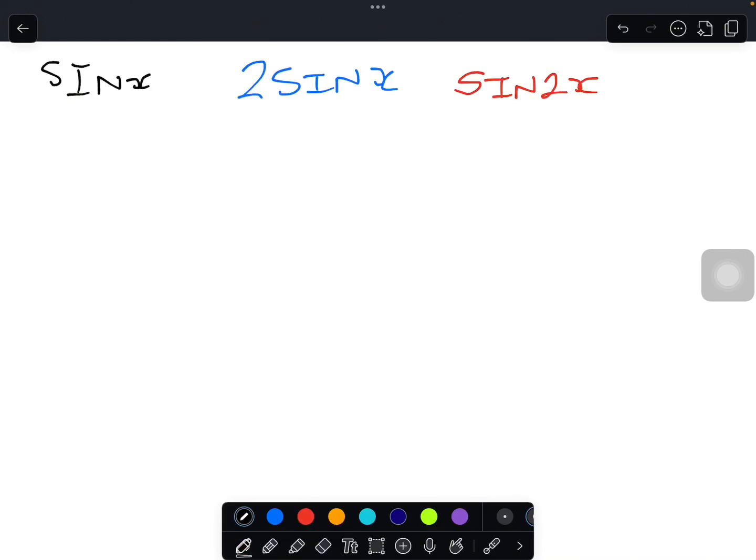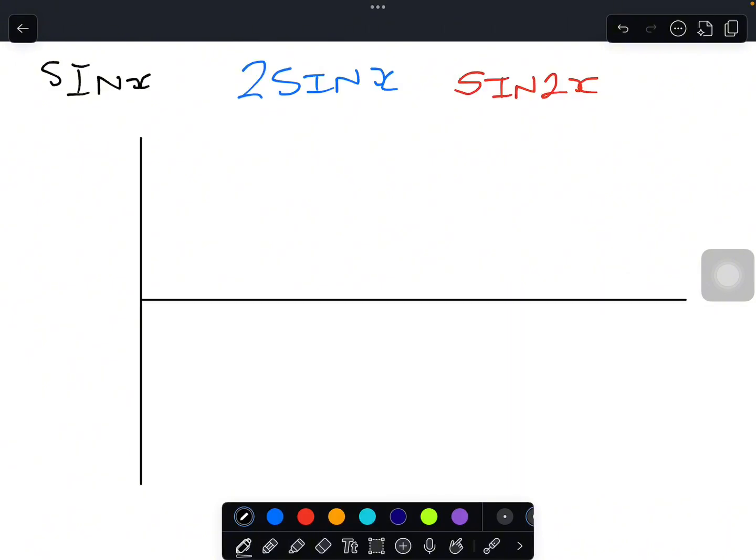All right. So we're going to draw our axes here.